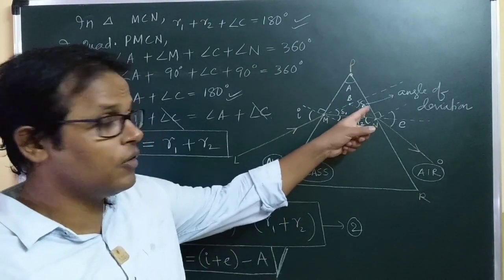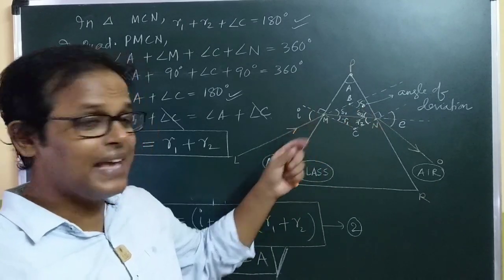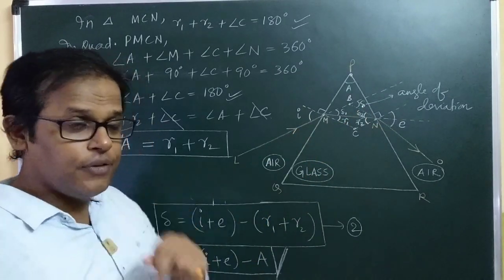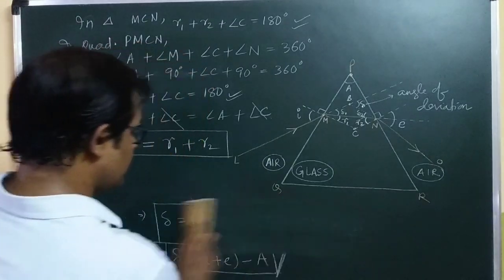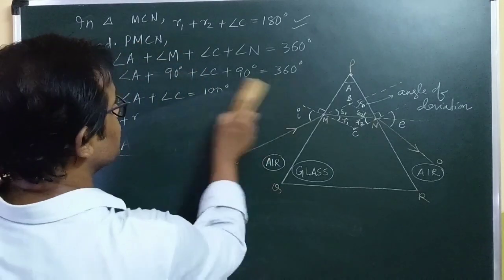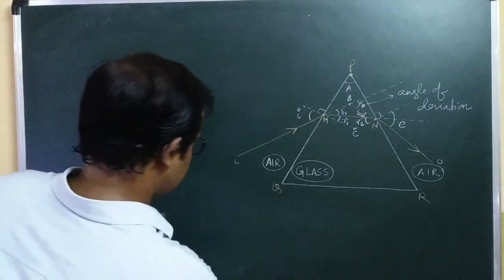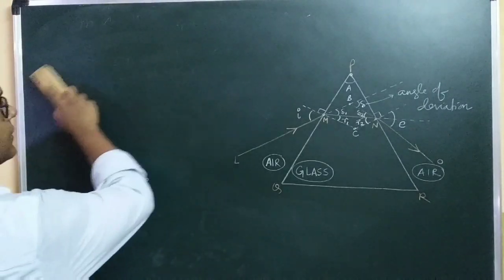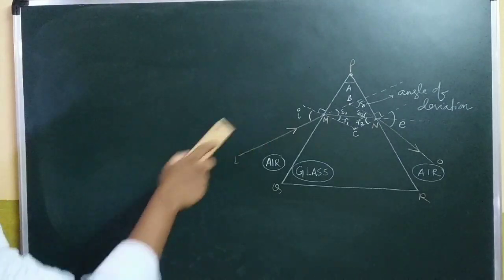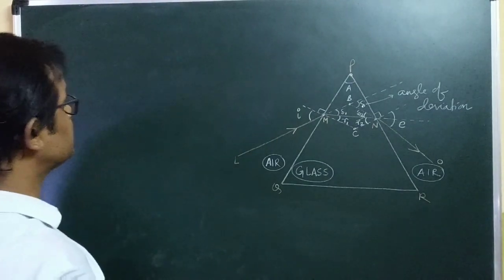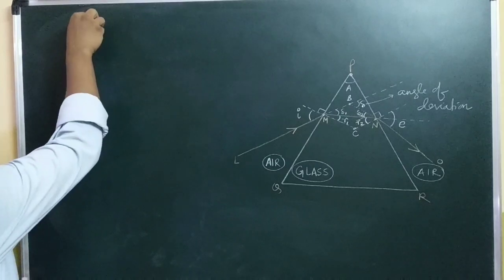If we plot a graph for the angle of deviation for various angles of incidence, we will obtain a very unique graph. So let me get rid of these equations. I'm sure that you have noted them down. Okay, that's it. So keeping that diagram on the side, let me draw a graph over here.